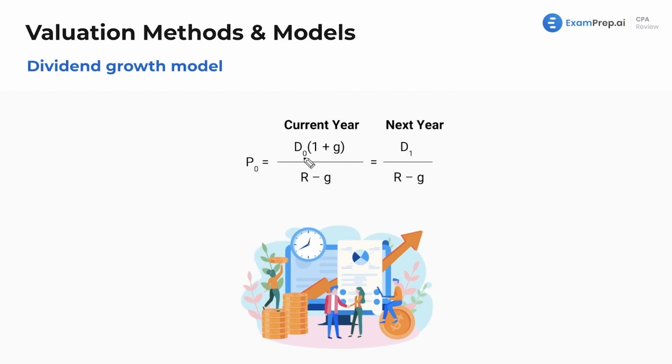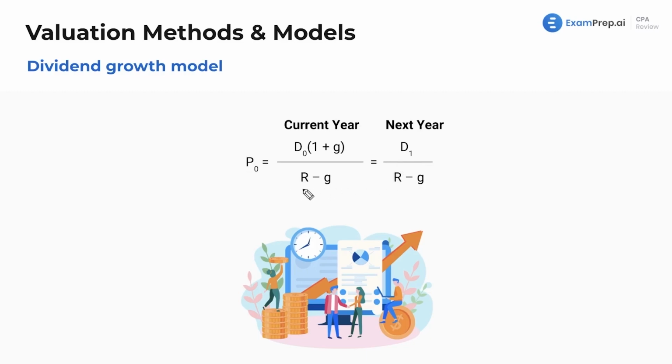Something that's confusing in a lot of these formulas for a lot of people is the concept of D1 and D0, P0, P1. Anytime it's 1, that's the next year, 0 is the current year. So what should the price be? Well, the dividend now times 1 plus the growth rate would give you D1, which is the dividend for next year.